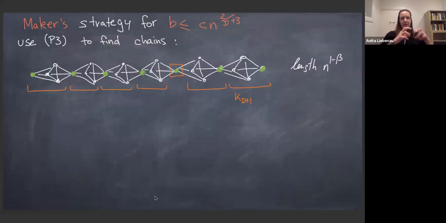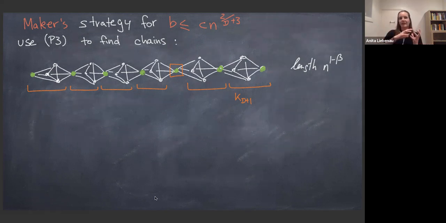So we're using this P3 to find long chains of these K_{D+1}, or let me say K_r's, and they're glued together at these endpoints. So we find these chains, and these chains can be quite long. How do we find these chains?